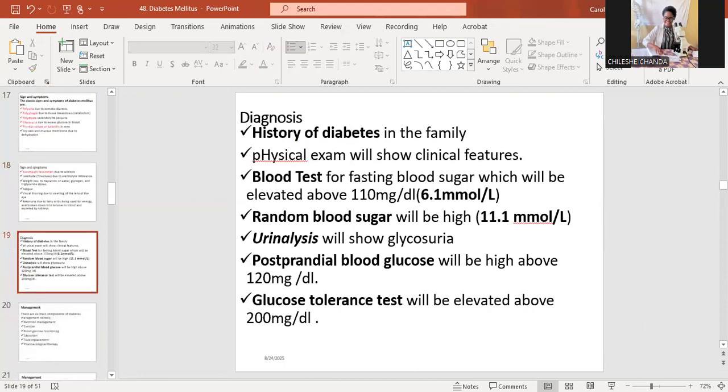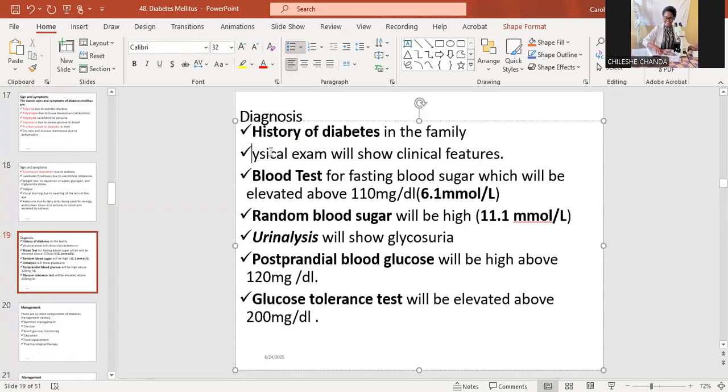And then how do you diagnose diabetes mellitus? The history of the family will reveal that there is diabetes mellitus, especially for type 1 diabetes mellitus. You do a physical exam, and physical features will show.